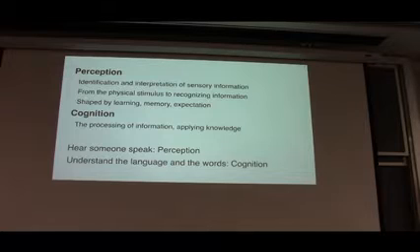Cognition is a higher level process where it is all about processing of the information and applying knowledge. The example that I think makes the distinction clear is to hear somebody speak, also in a foreign language. That's perception, but understanding the language and the words, that's cognition. So that's the difference here.